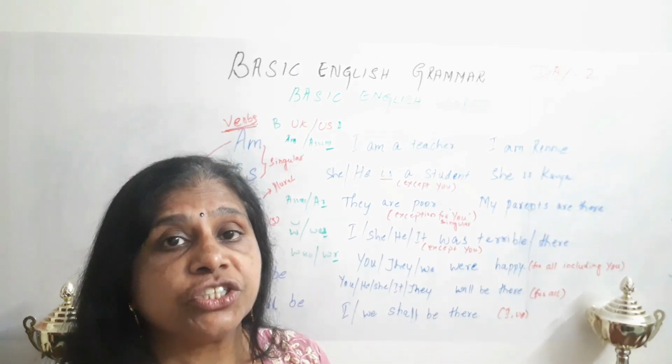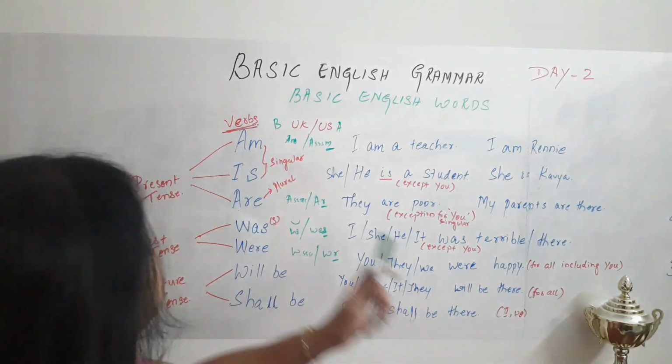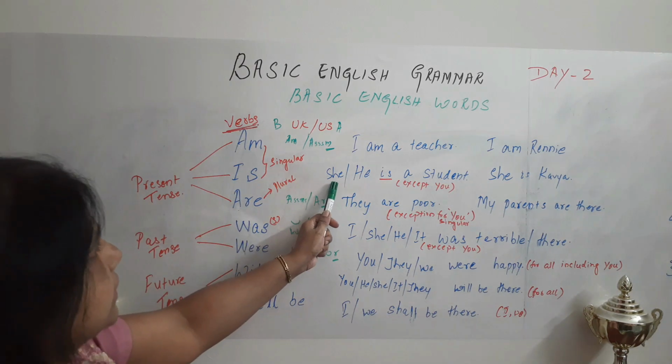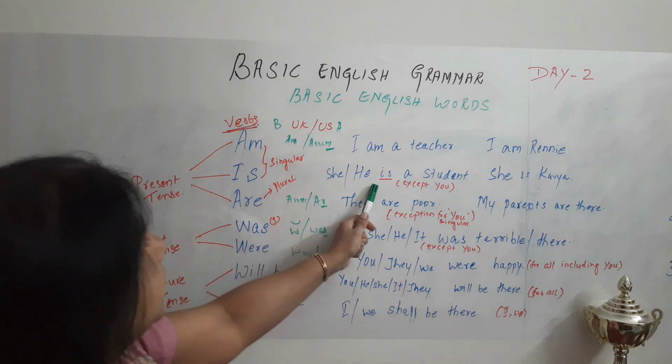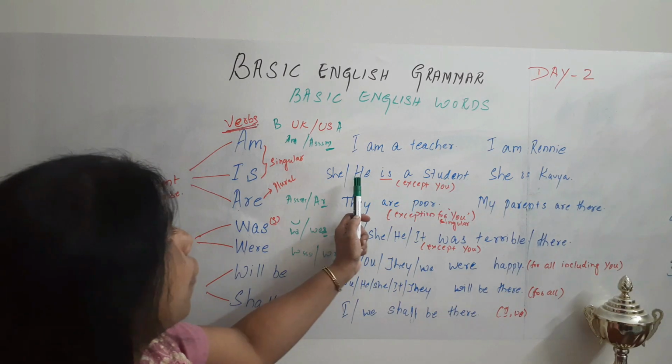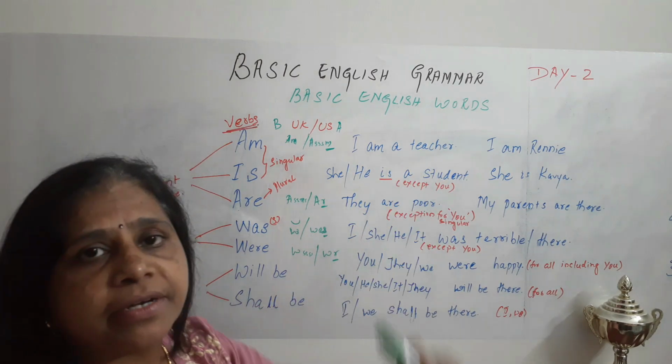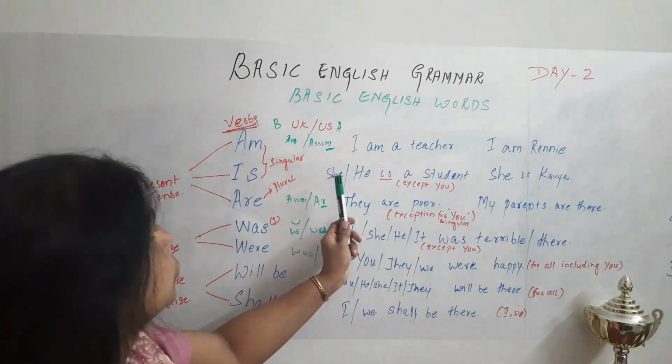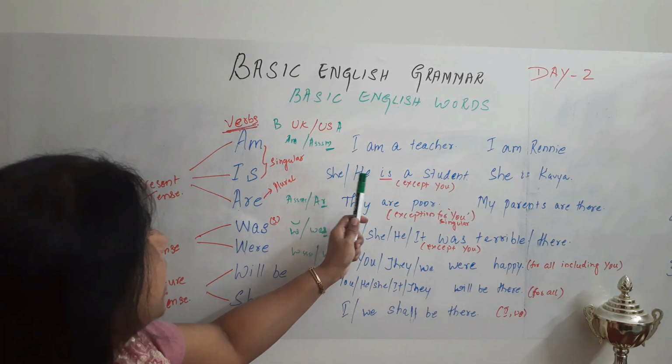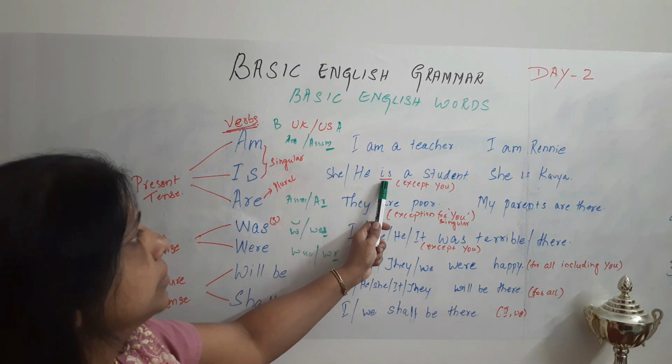Is, not each, is. Then let us see the sentence. She is a student, or he is a student. All right. What we understood here, for she and he, we can use is.